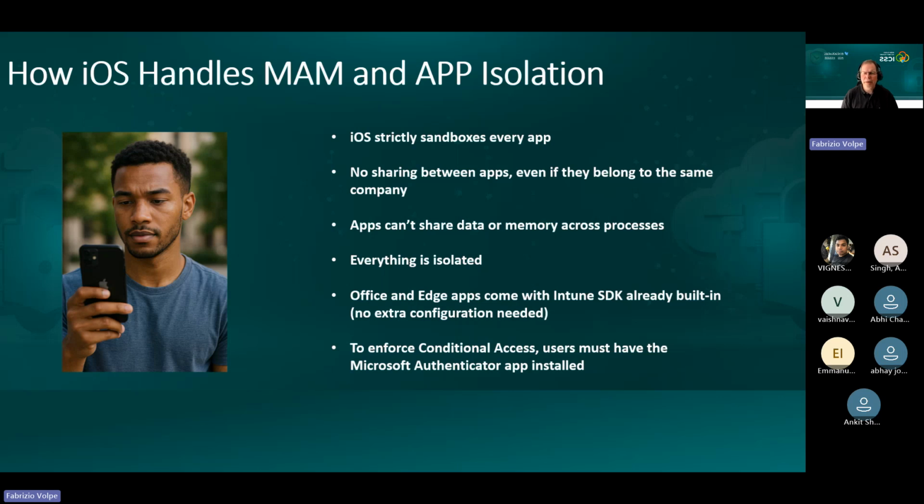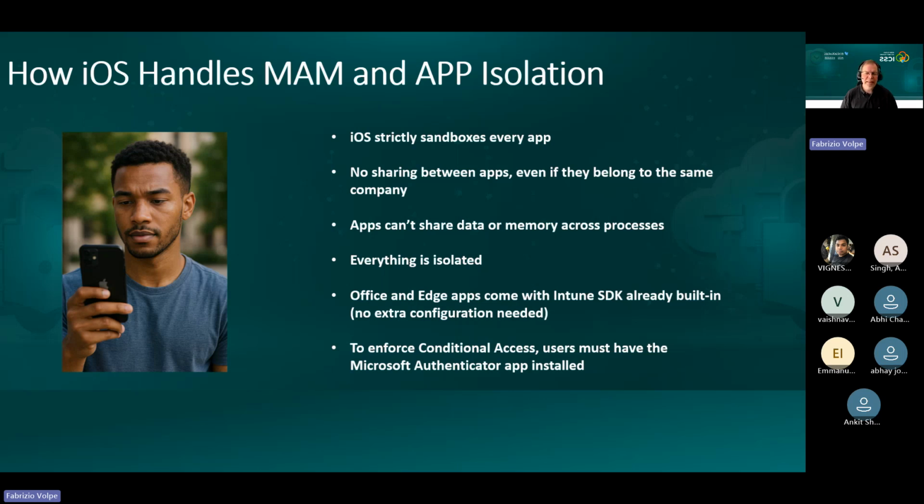So each single app runs by itself if you want. There is no mix. So even if the apps are part of the same company, there is no information flowing directly from one app to the next one. They don't share memory or information. So everything in iOS is already isolated.